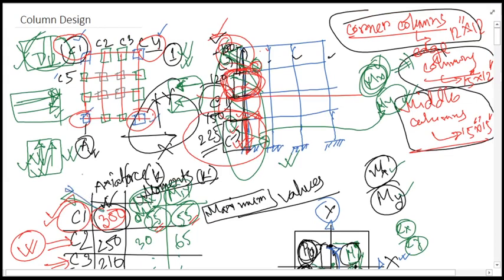Rather, you will perform the same calculation for all of the 4, as we don't know to what extent this moment can reduce the capacity. That's why even if you have got the maximum axial force for similar corner columns or similar edge columns, you will not be restricting your calculation to that particular column only. Rather, you will have to perform the same calculations for all of the columns.